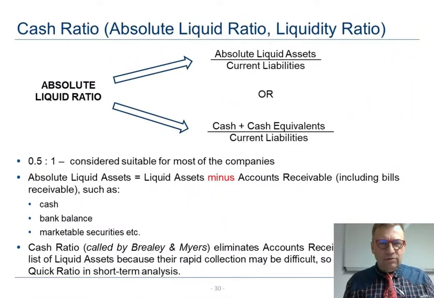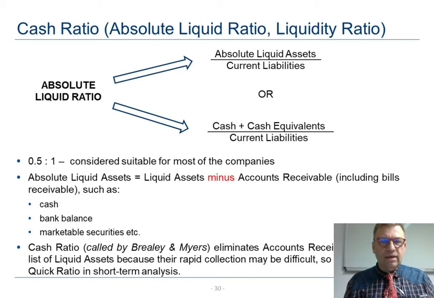Now we come to cash ratio, which is the third most important of the liquidity ratios, and it's called as well absolute liquid ratio or liquidity ratio. However, most people would just say cash ratio, and everybody would know what it's all about.